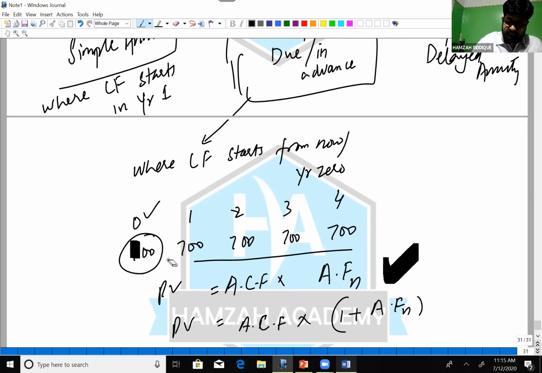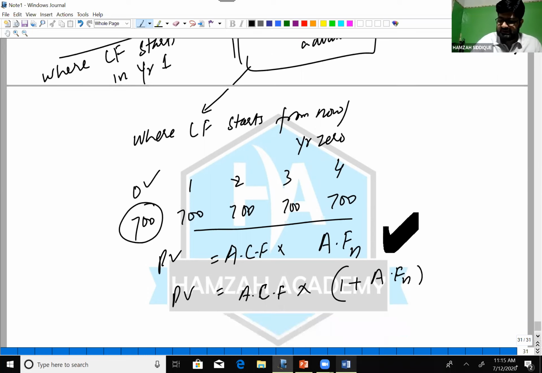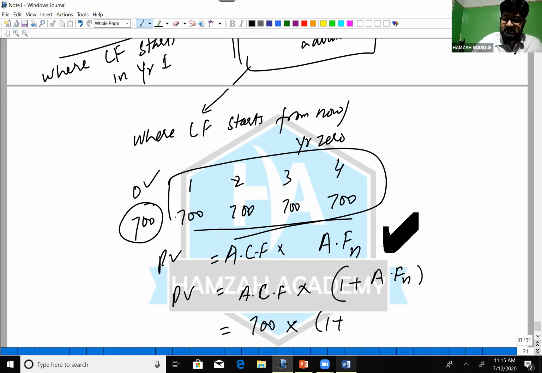Just see here: annual cash flow 700 cross 1 plus the simple annuity factor, which we know is 3.170 at 10%.